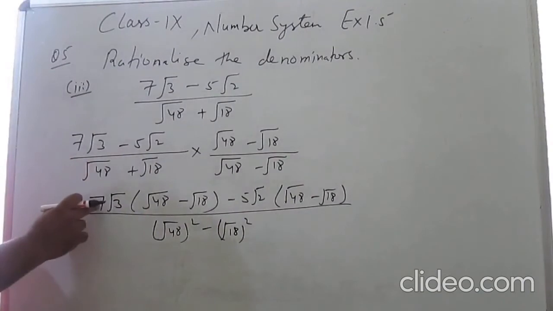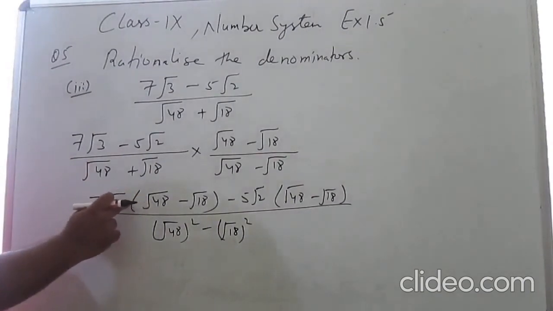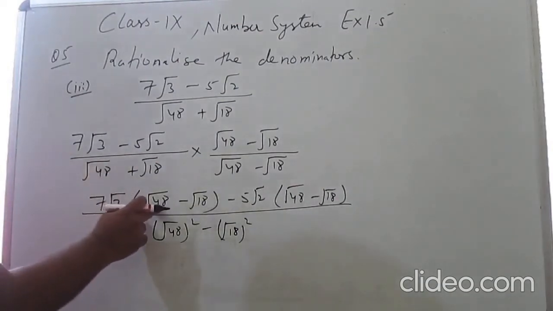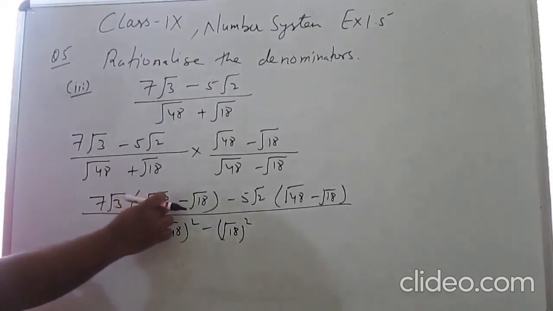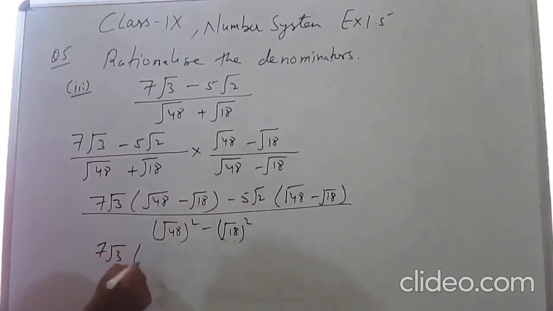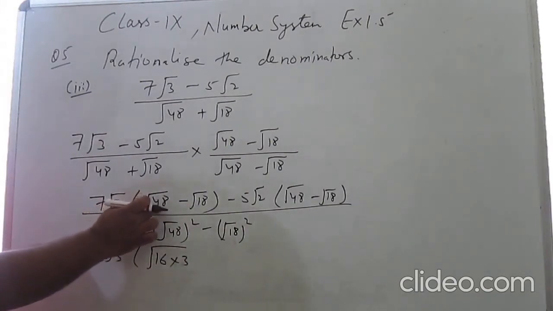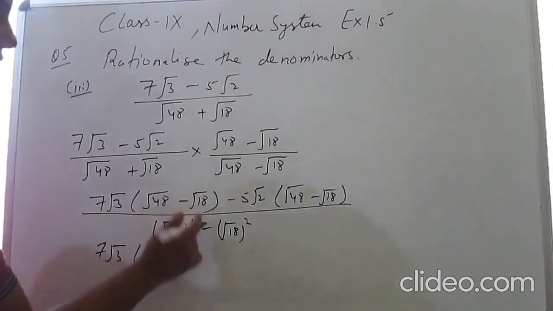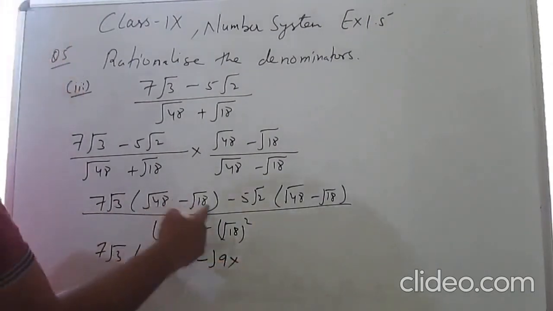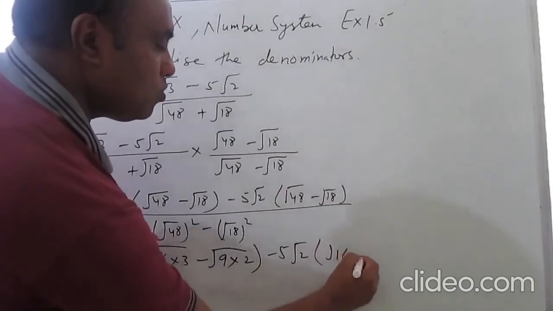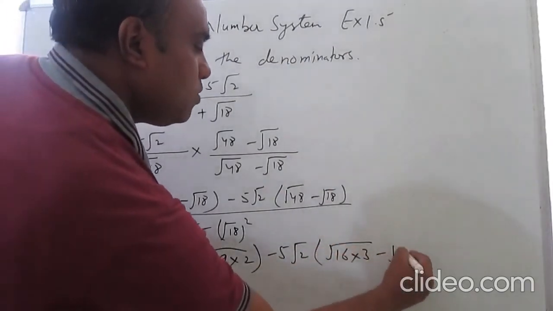Now see here, when you multiply 7 root 3 by root 48, first to simplify it, root 48 you can write as root 16 into 3, and root 18 as root 9 into 2.